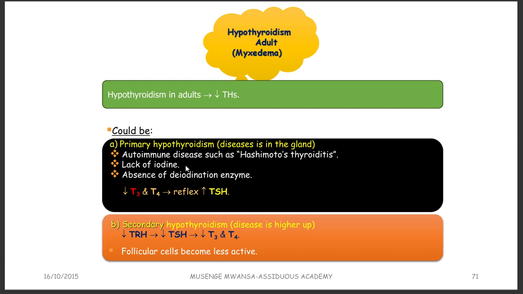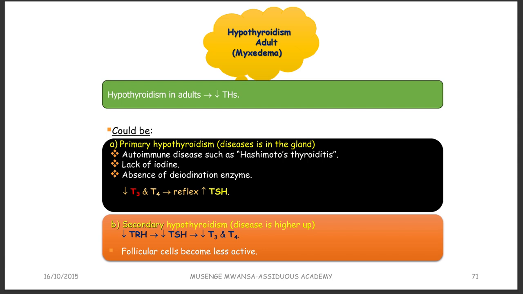That is because you don't have that enzyme, the deiodinase enzyme, that will be able to break down the thyroid hormone to release the iodine. This is how they asked it last year. They brought a table and they put primary and secondary. They put T3, T4. You need just to put an arrow whether there is a decrease in T3, or an increase, or no change in T3, T4, and the thyroid stimulating hormone.